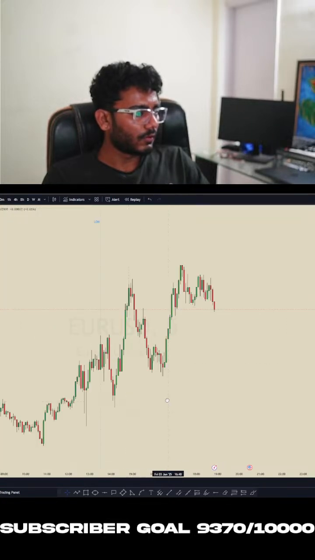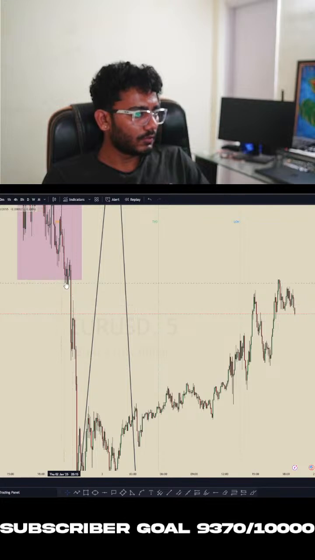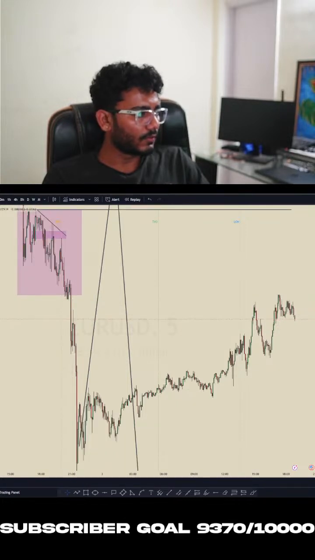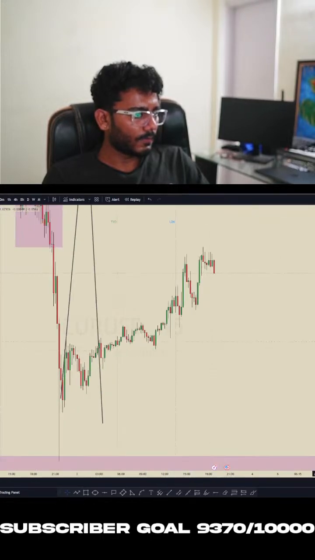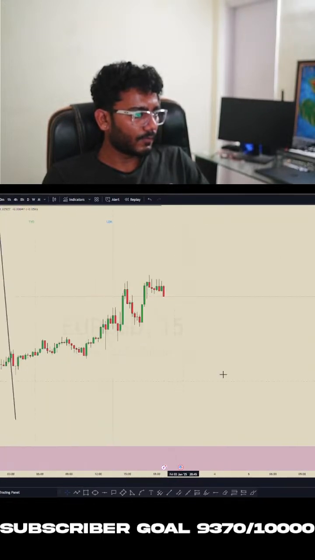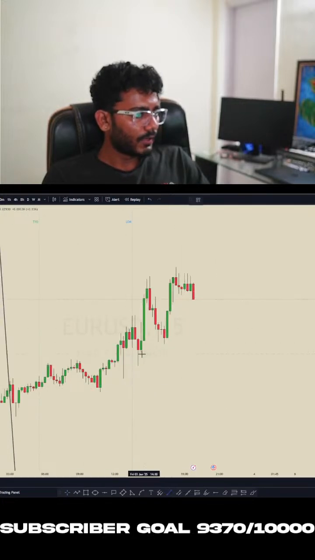Okay, on EURUSD, it has also tapped this order block, which is this one. Price induced this low, reacted from this order block, created a new high, and there's an order block again.